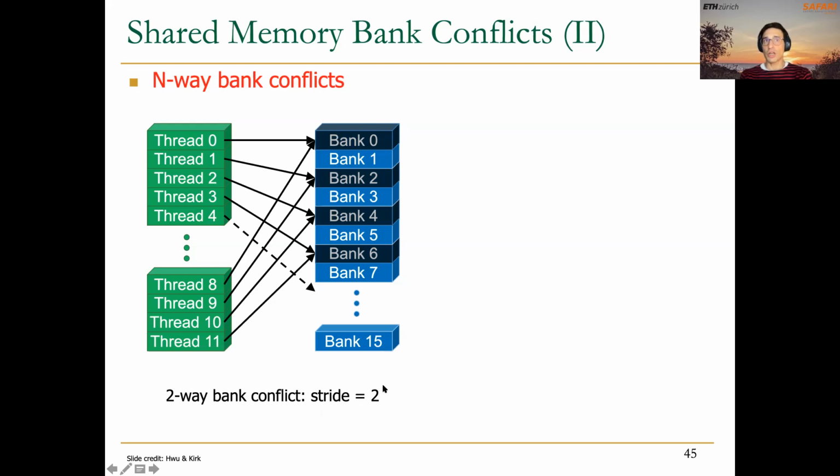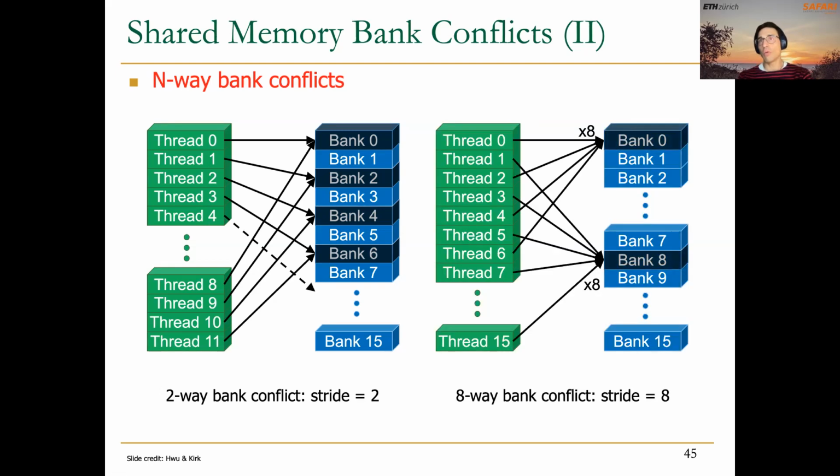For example, if the stride is 2, thread 0 accesses bank 0, thread 1 accesses bank 2, thread 2 accesses bank 4, and at some point, thread 8 will access bank 0. So that's why we have a two-way bank conflict in these even-numbered banks.